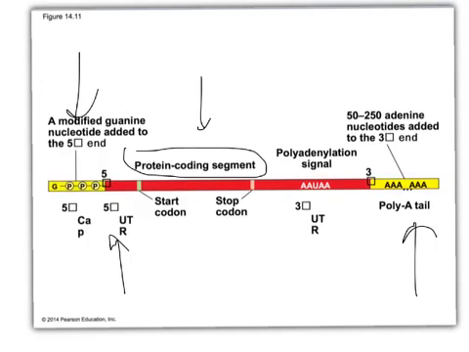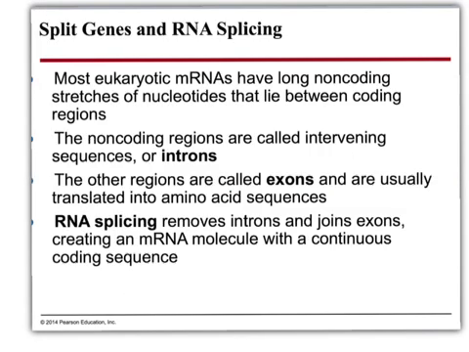But inside this protein coding segment is still some junk, RNA that's coded from junk DNA. And we want to splice that out. We go through split genes and RNA splicing. So we have non-coding regions of DNA, which are called introns.